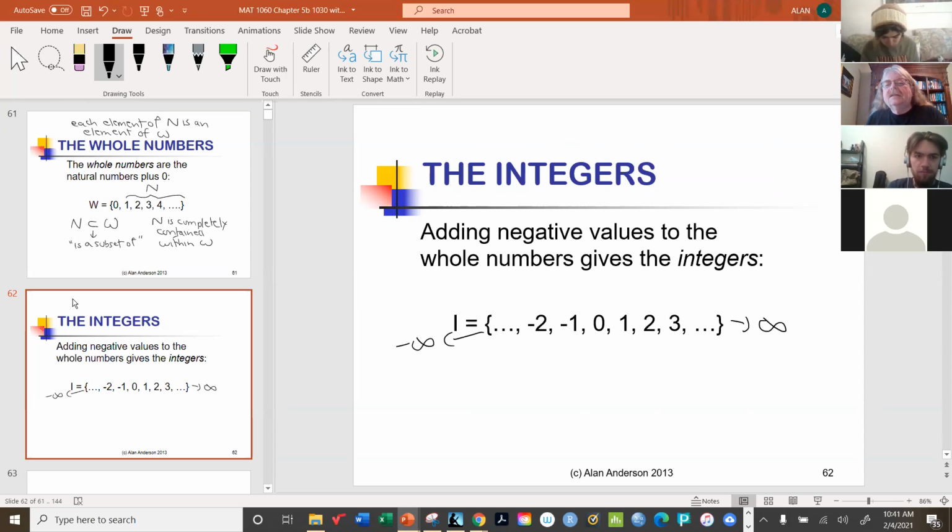So what we can now claim is that the natural numbers are a subset of the whole numbers, which in turn are a subset of the integers. Remember, these are subset symbols. I know they look like little C's, but they're supposed to be the subset symbol.